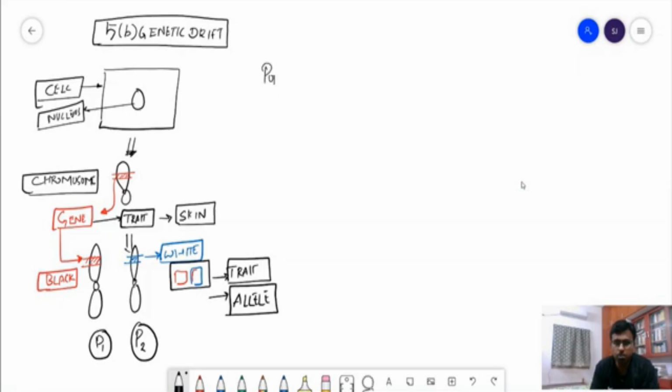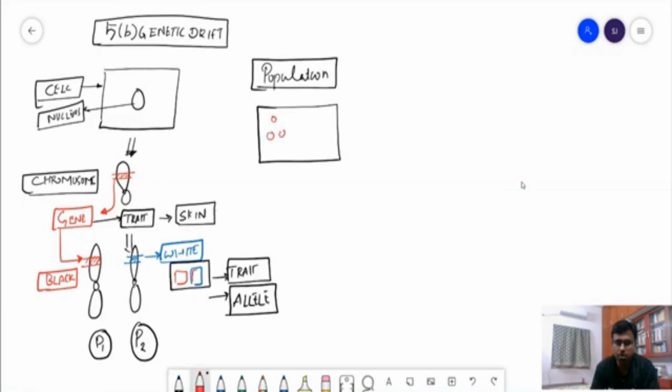In a population, I am assuming the frequency of the white allele is 0.5, equal. So a population will have equal frequency of white and black gene. This is the normal concept of gene, frequency, allele.